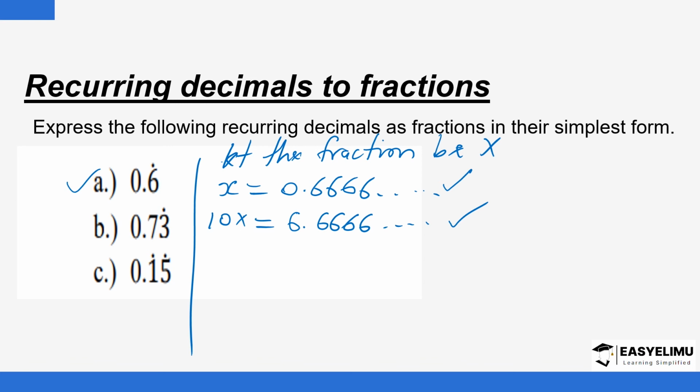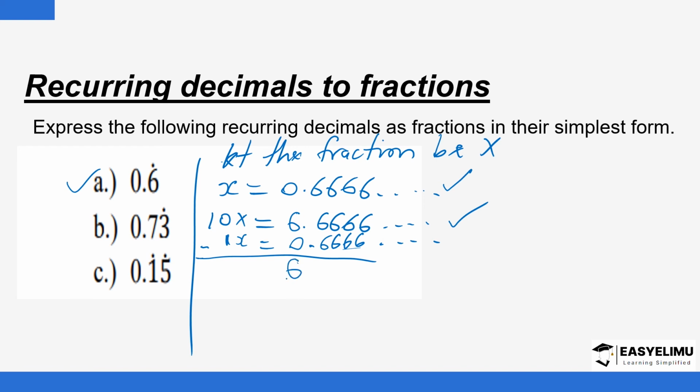And if you're subtracting, you subtract the smaller one from the bigger one. Like I will subtract x from 10x. So it will be minus x, but now I will write it as minus 1x. The other side, I will subtract 0.6666. So I try to make the numbers after the decimal point the same in both cases. Remember, I'm subtracting, so this other one is 0, 0, 0, 0.